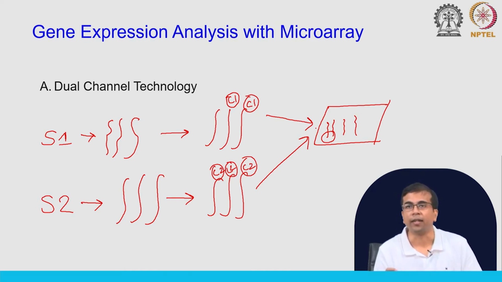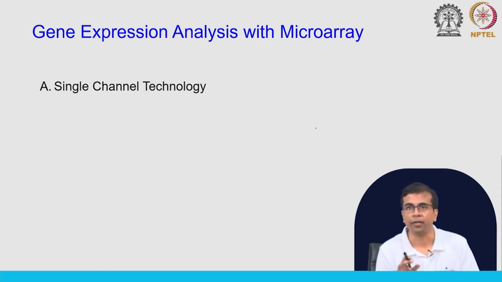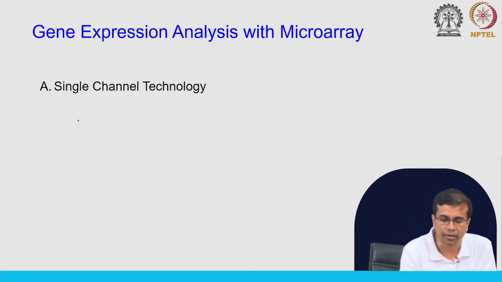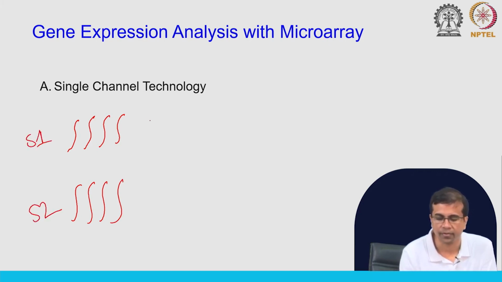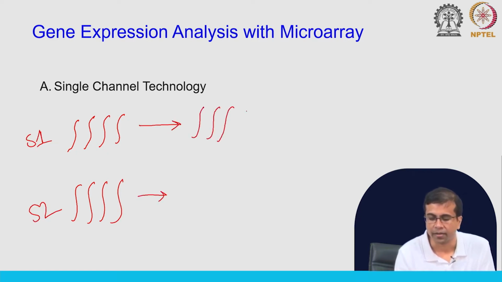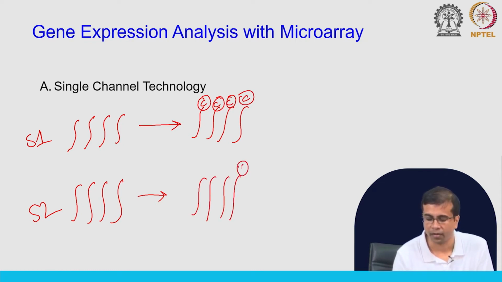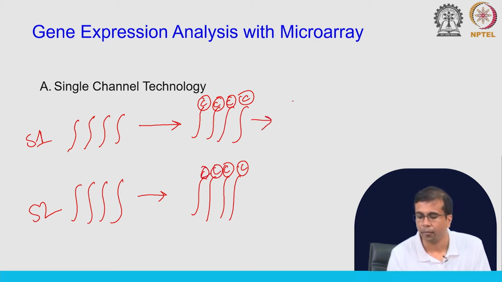Now, in single channel technology, you do not have these two colors. Again, if you have S1 and S2, they get the same kind of label, and they are hybridized separately.